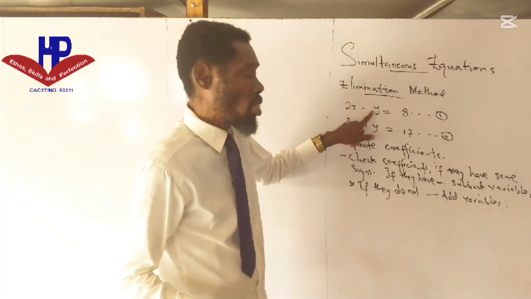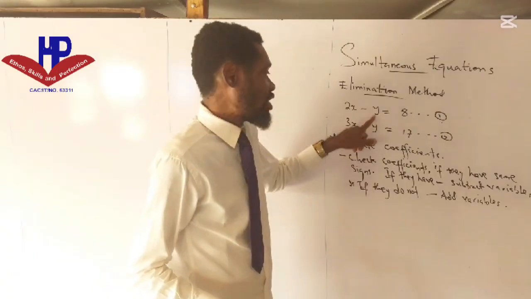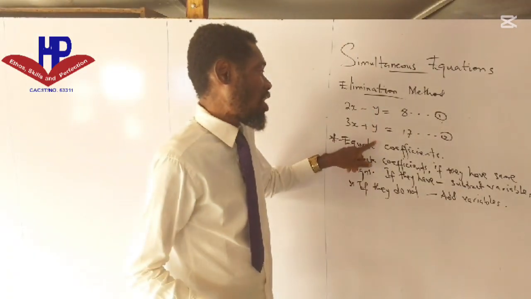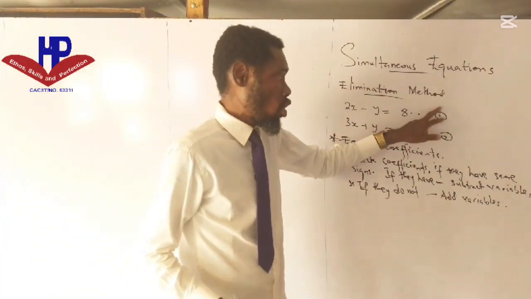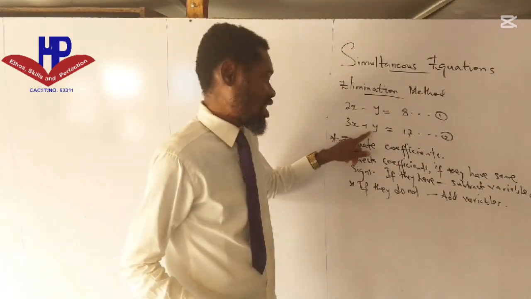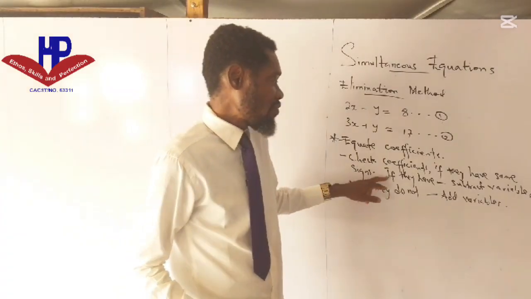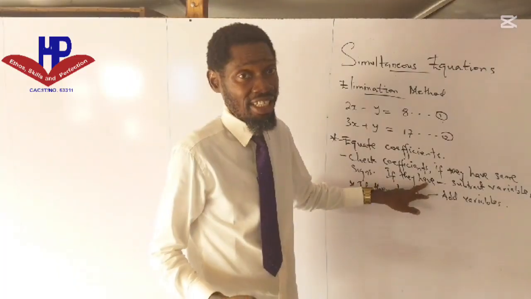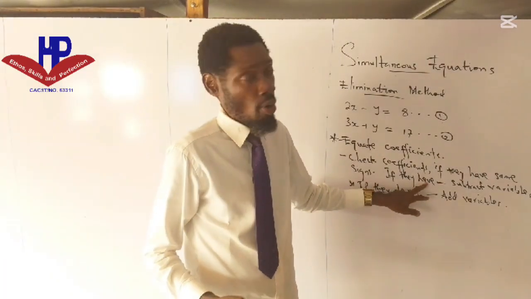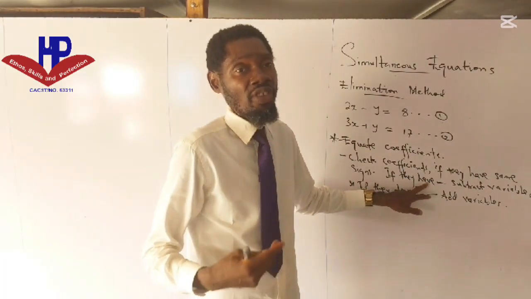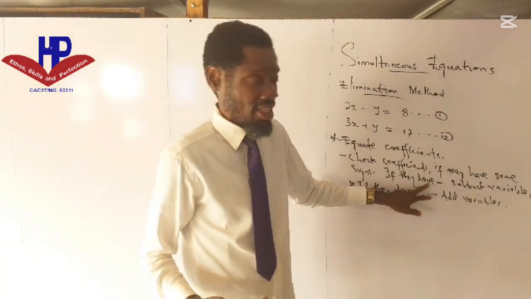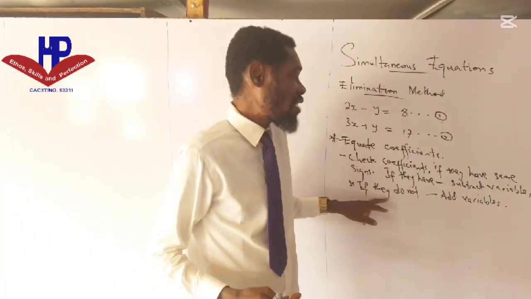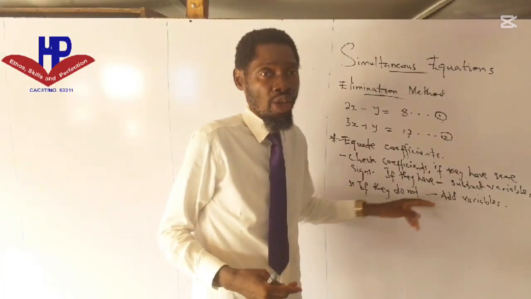Here it is minus 1, here it is plus 1. So the coefficients of y are already equal in equation 1 and equation 2, but the signs are different. And I'm saying here that if they have the same signs, you should subtract equation 1 and equation 2, or whatever equations you're dealing with. But if they do not have similar signs, add the two equations.